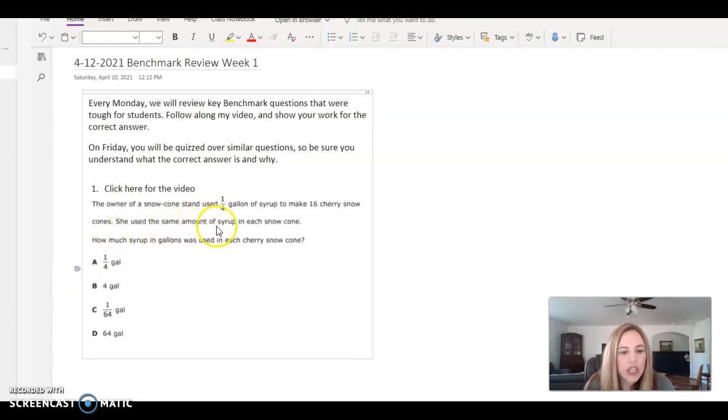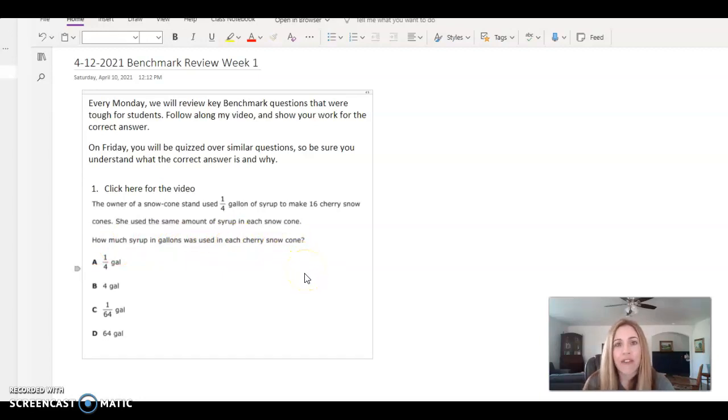we obviously know we are dealing with equal groups. Okay, so I guess our question is going to be, are we going to multiply or are we going to divide? Well, our question sentence pretty much tells us what to do. How much syrup in gallons was used in each snow cone?